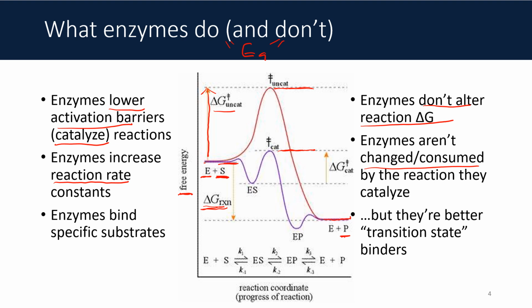And the way that enzymes persuade the substrate to go through this shortcut is by binding with them. Generally speaking, enzymes will bind a specific set of substrates and be selective in which compounds they will guide through this accelerated reaction path.